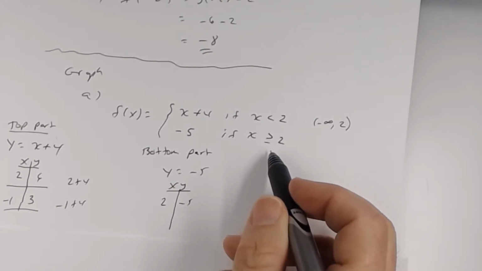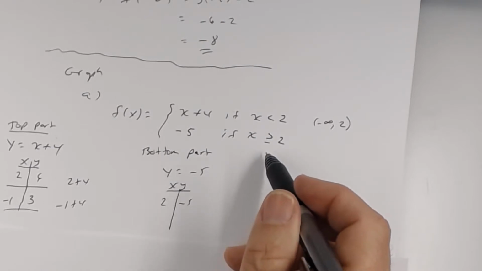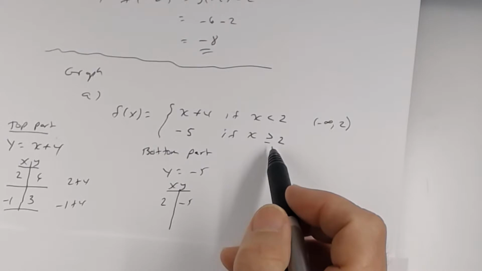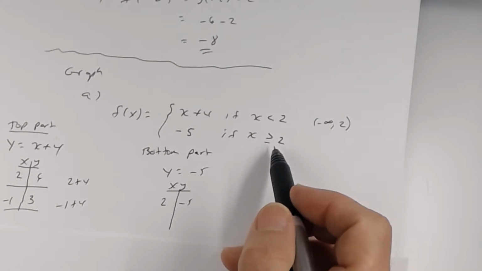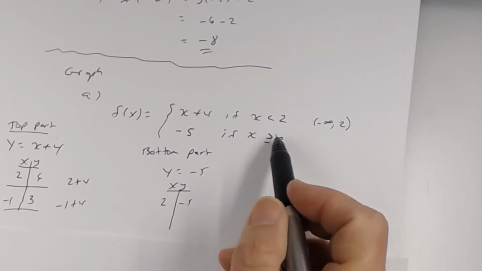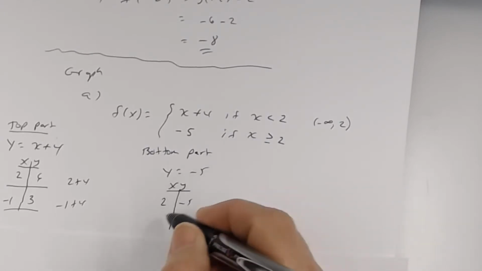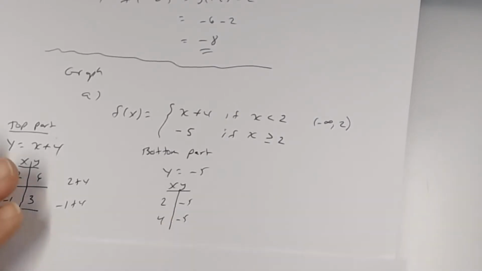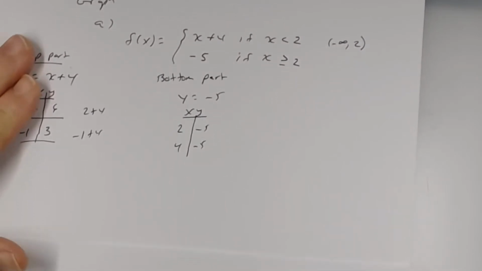Why'd you say 1? Is 1 greater than or equal to 2? No. Because I read it as less than. I was looking at the top one. Okay. All right. So, what'd you say? 4. Okay, you want to use 4? That's fine. If x is 4, what's my y value? Negative 5. All right, so let's discuss how to plot that, how to graph this.